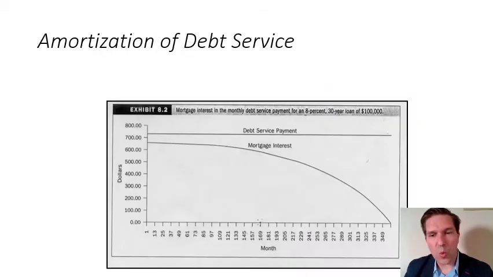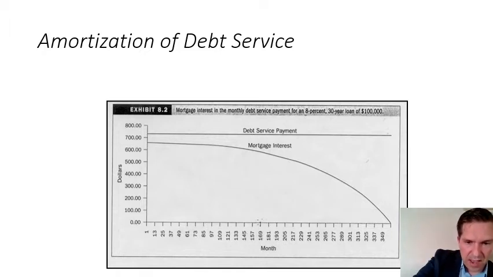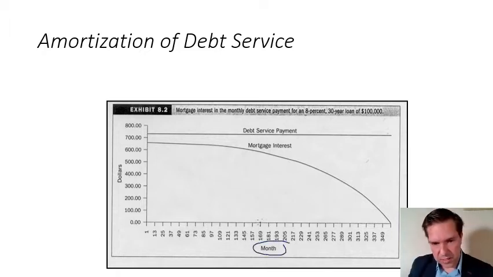Now let me show you with an example how this give and take is actually happening. Notice in this diagram we have time on the x-axis, so as you can see, the number of months. This is a mortgage, and like I said before, typical mortgages, although there are others, are 30-year loans.